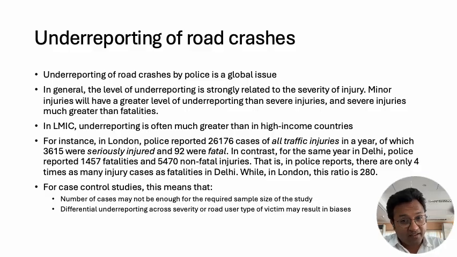But if I am studying a risk factor which may not have anything to do with how underreporting happens in my city, then you may claim that this sort of differential bias in underreporting may not be a problem for your study.